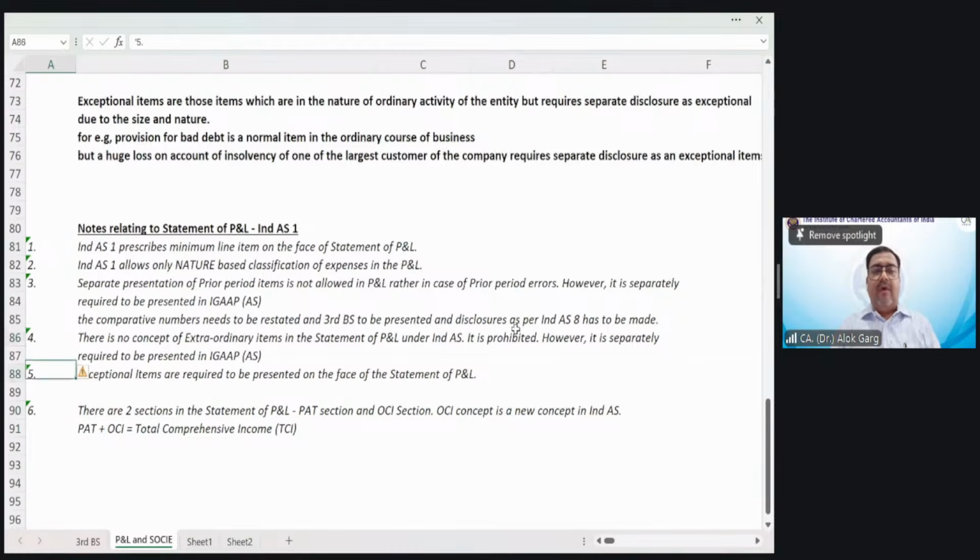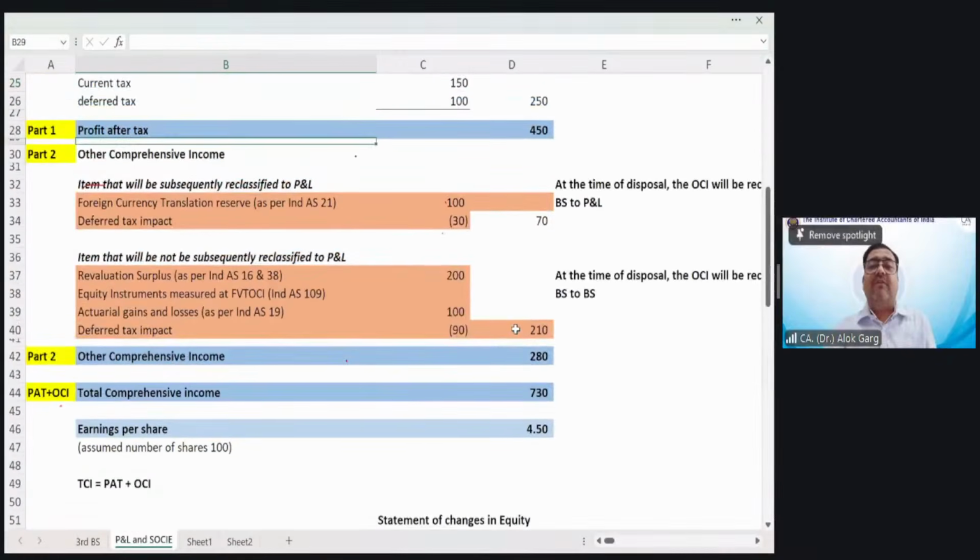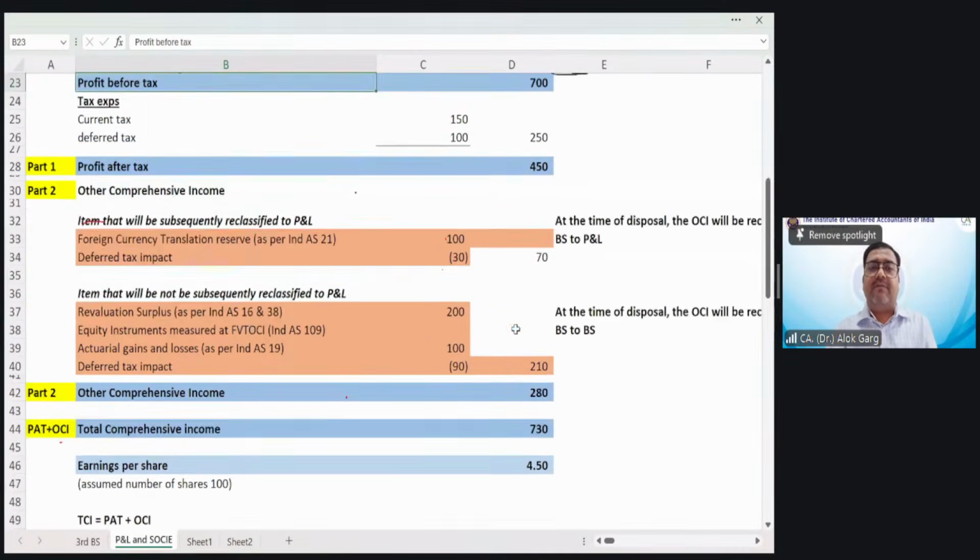Now, let's discuss the OCI. What is meant by OCI? Other comprehensive income. Friends, if you see, you will find this OCI has two parts: items that will be reclassified to P&L, and items that will not be reclassified to P&L. Before getting into this, let me explain what is meant by OCI, other comprehensive income.